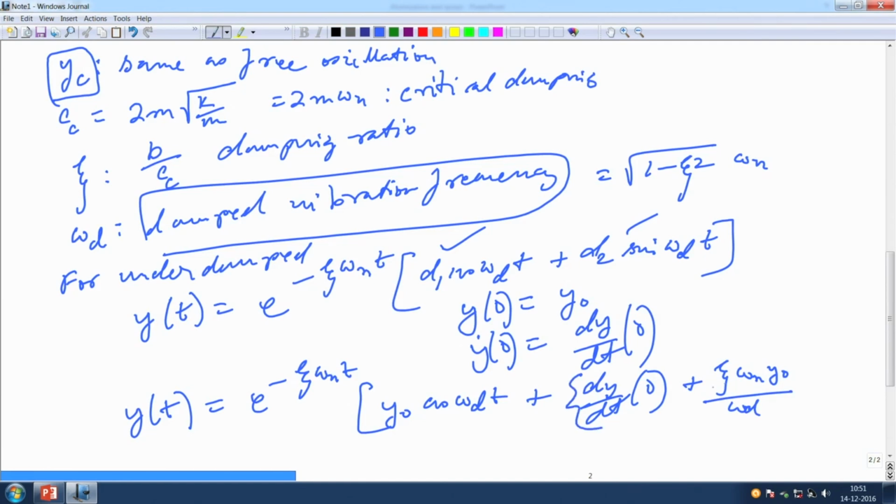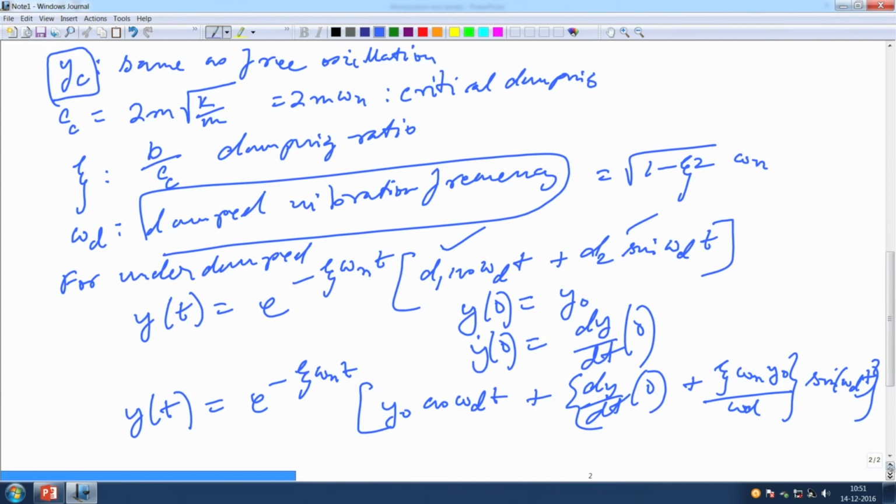This entire thing becomes associated with sin omega d t. Got it? So, that is the total expression, that will be the complementary solution, right.